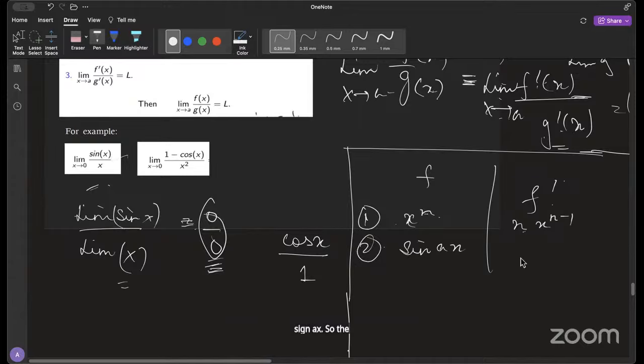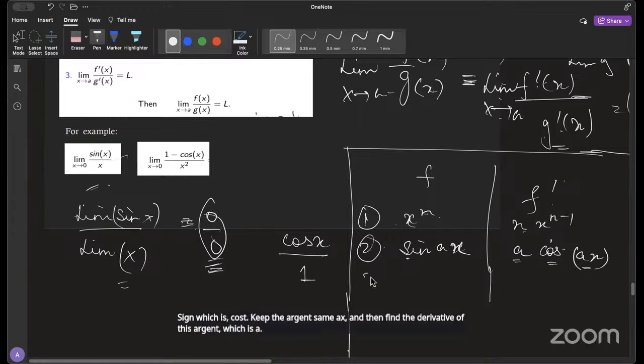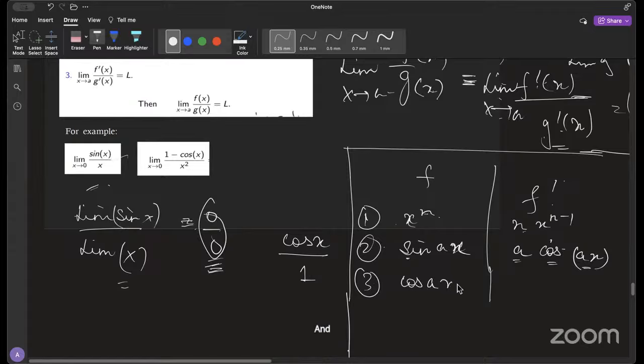The derivative of sine ax is a cos ax. You apply the composition rule for derivatives: first find the derivative of sine, which is cos, keep the argument ax the same, and then find the derivative of this argument, which is a. Third is cos ax. In the same way, the derivative will be a sine ax, but the derivative of cos is minus sine, so it's minus a sine ax.